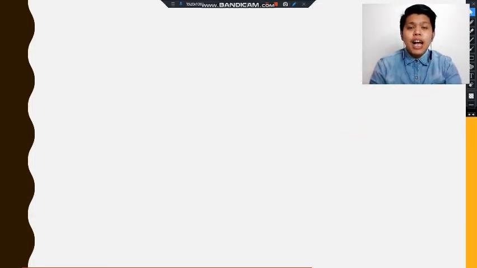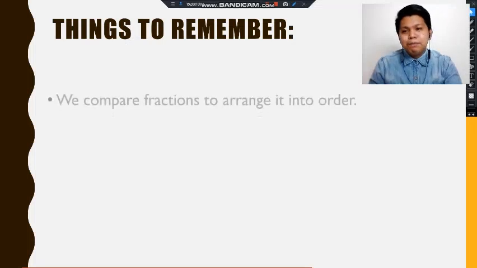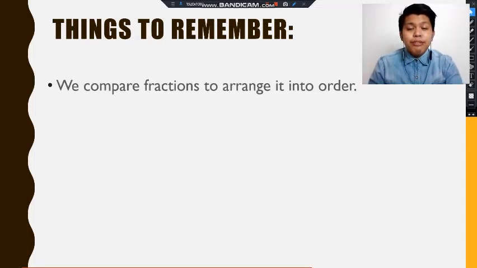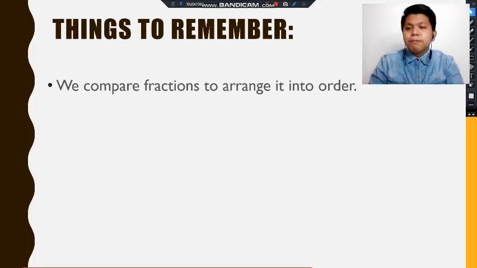Now that you know how to arrange fractions, also to compare fractions, here are things to remember. We compare fractions to arrange it into specific order, either increasing or decreasing. Okay? So you need to compare each of the fractions, which has the largest or which has the smallest part.